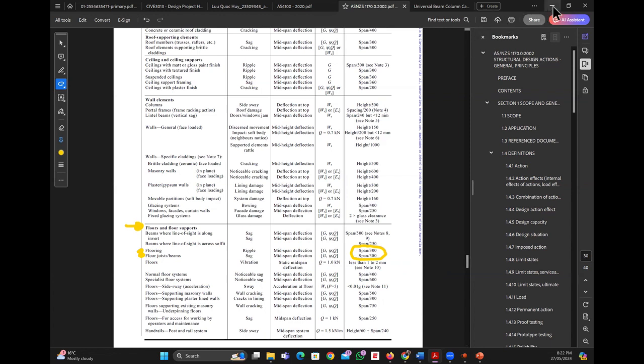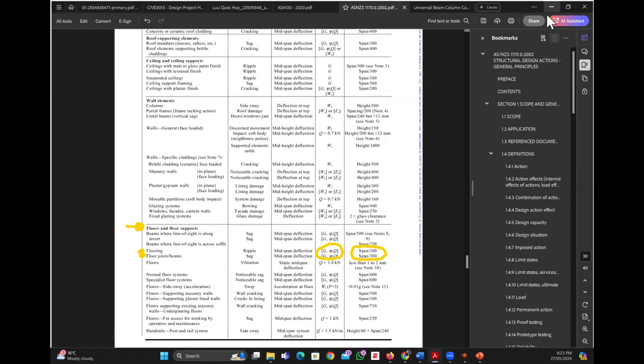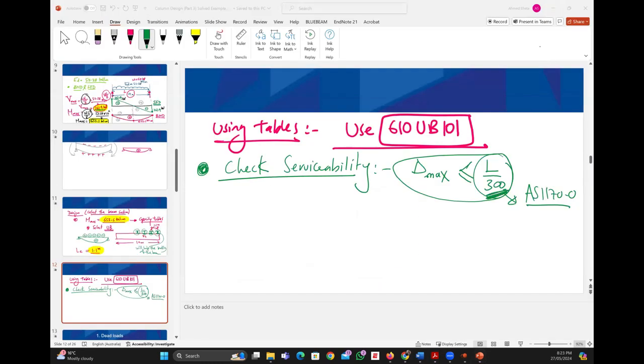Span over 300. And what is the formula we are using to calculate the deflection? G plus psi L Q. Okay, so the limit here is L over 300 from AS 1170.0, sorry. And we need to find the deflection for the load combination G plus psi L Q.